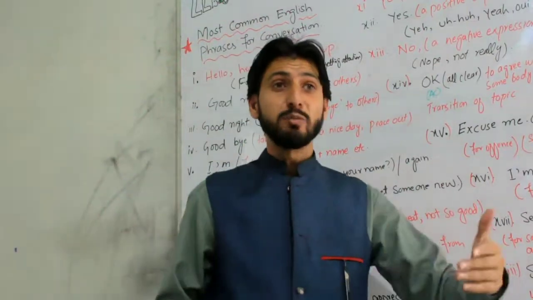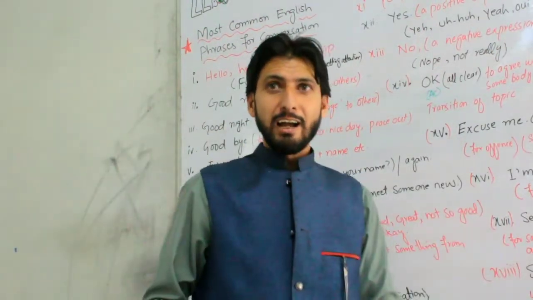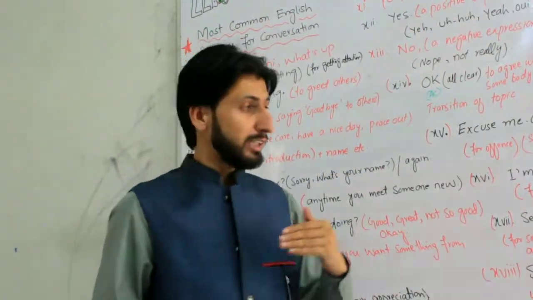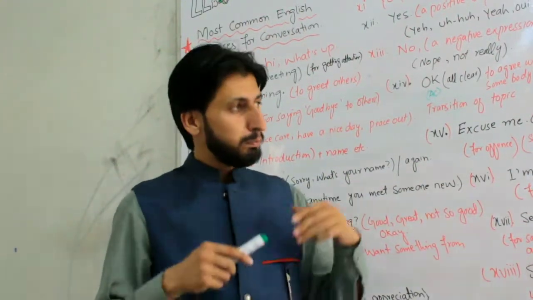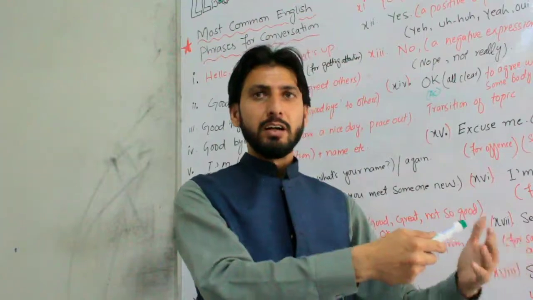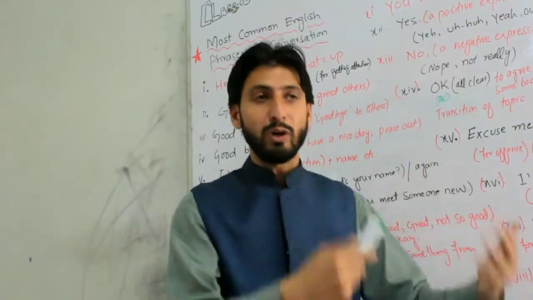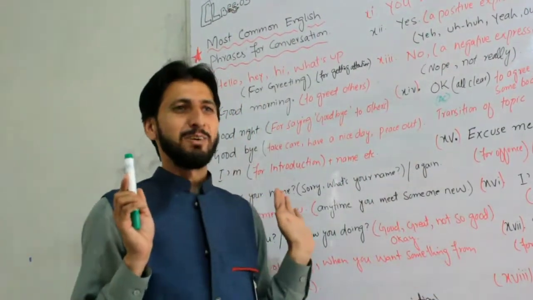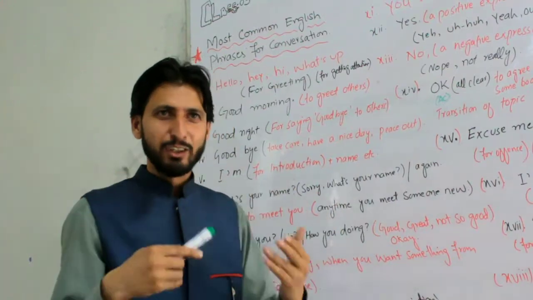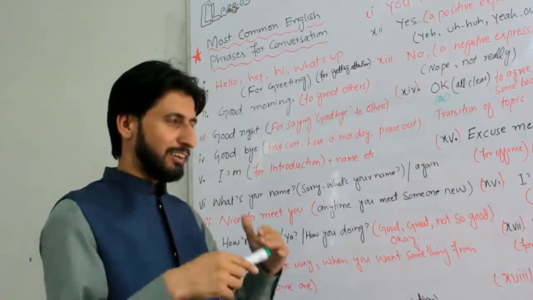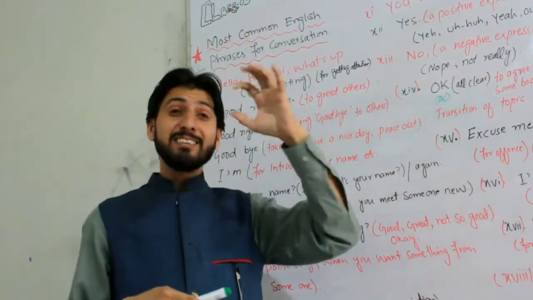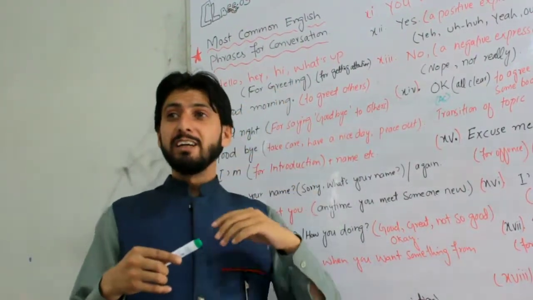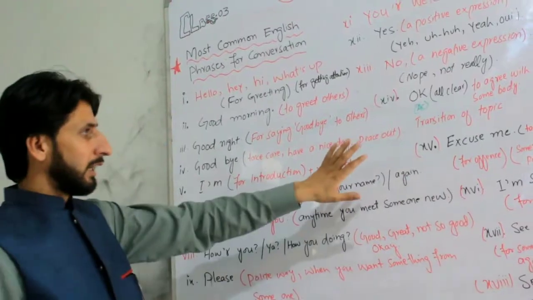You cannot make an argument with someone if you don't want to aggravate your conversation. So instead of aggravating, instead of making the situation worse, you can say okay, it's okay. It means all clear, that you slightly agree with the person, and it is a soft way of showing your negation.